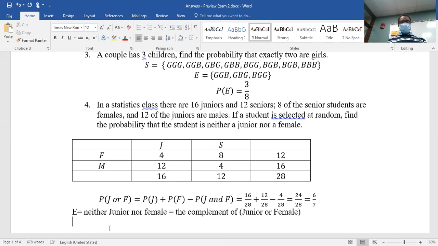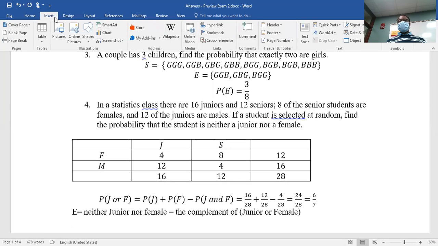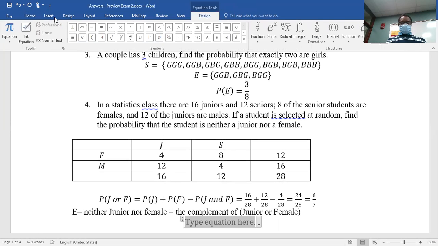So we are going to say that the probability of E is equal to 1 minus the probability of junior or female, which is equal to 1 minus 6 over 7.